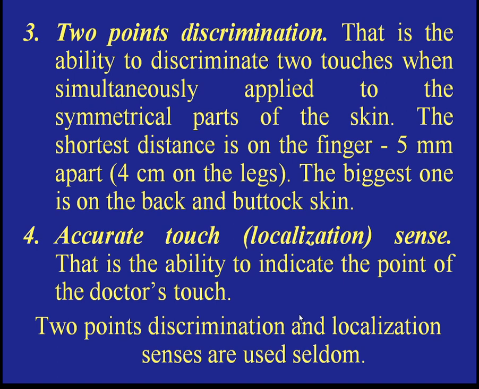The shortest distance is on the finger, 5 millimeters apart, 4 centimeters, for example, on the legs. The biggest one is on the back and buttock skin, maybe 6 centimeters apart, for example.